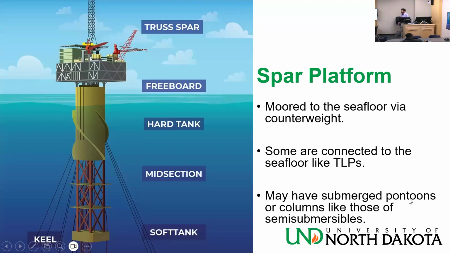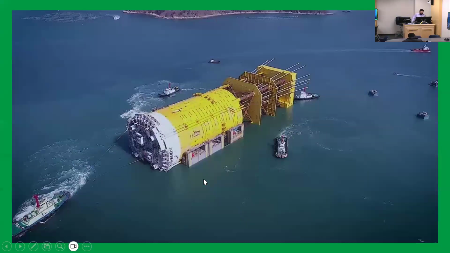Everyone is different from each other. So when we say categories, spar, basically it's about this shape. That is like a spar. A very, very expensive operation, of course. Oh, there you go. That's being transported. And then we are going to drop it.